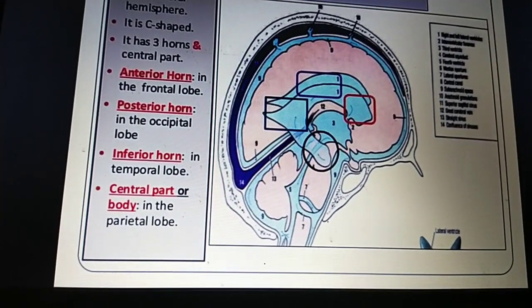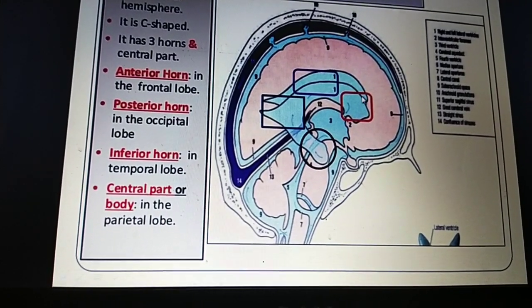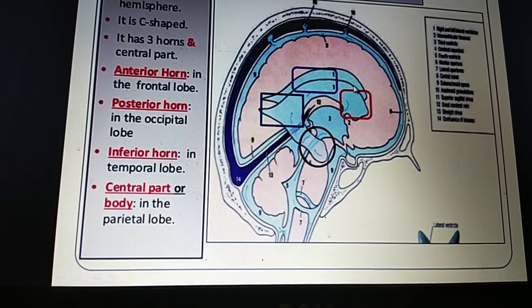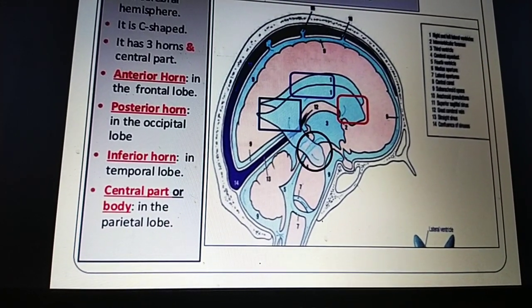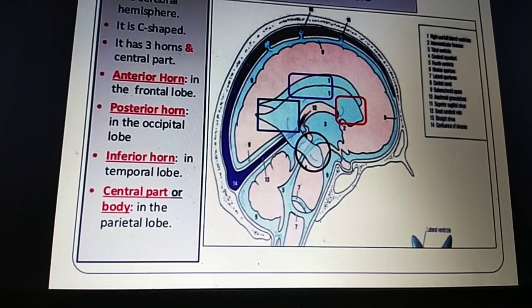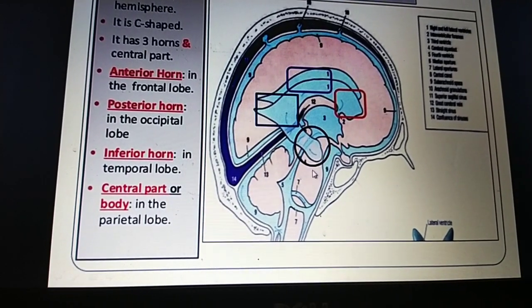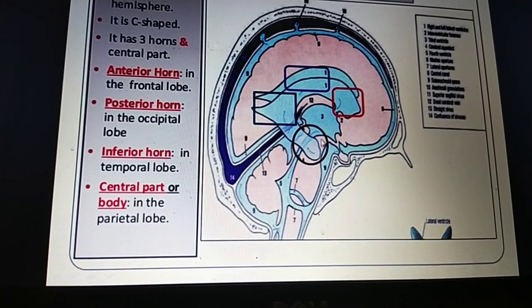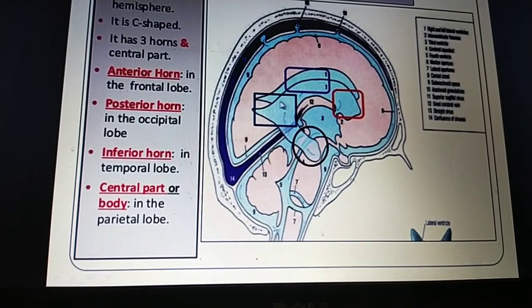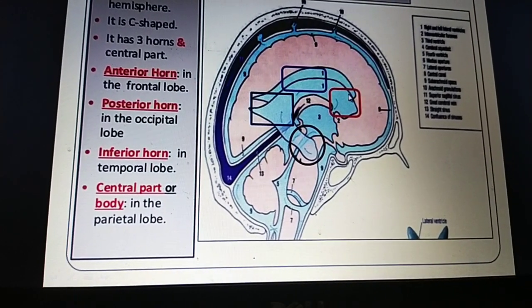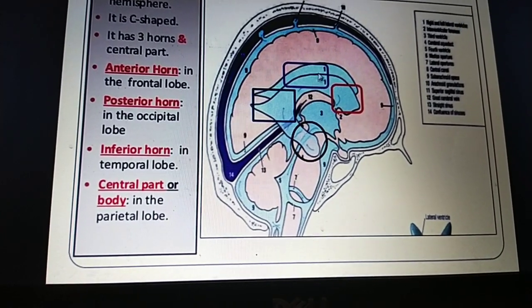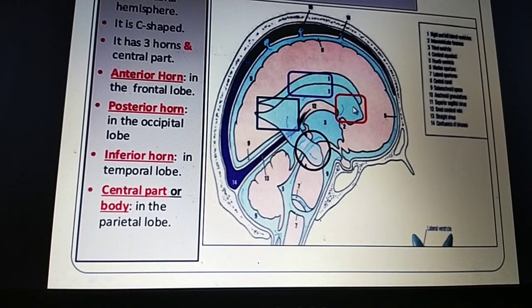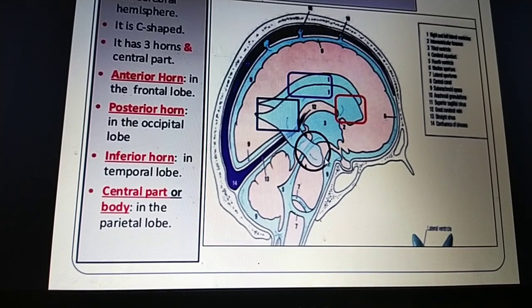One is the anterior horn, this is the anterior horn. This central part is the body, then the posterior horn, and this is the inferior horn. Anterior, body, posterior, and inferior.